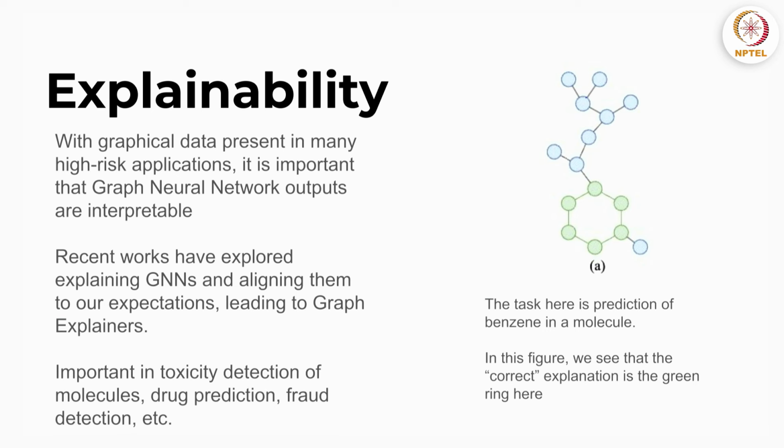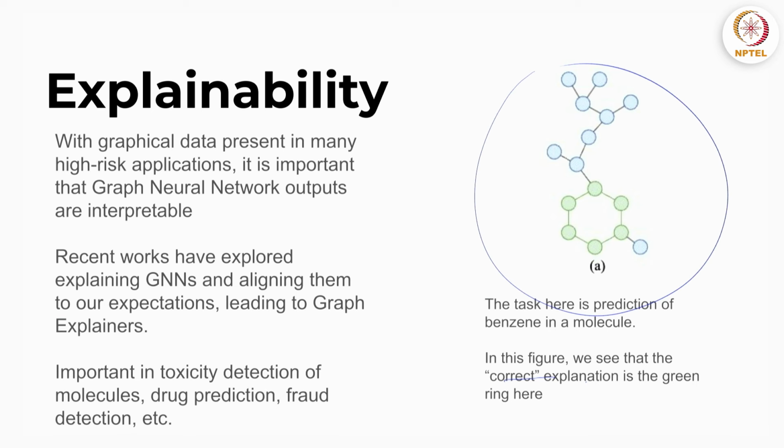So let's take this molecule on the right here. Let's say that the task is to classify a compound as toxic or not. And just as a very elementary example, let's say that if the molecule has a benzene ring, it's toxic. So it is important for the model to learn the correlation between the benzene ring and the toxicity.